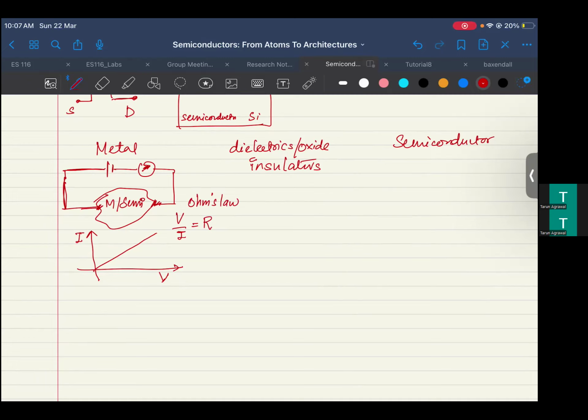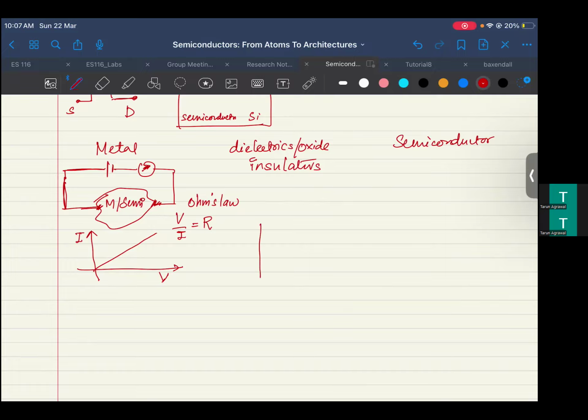Now, if it was a metal, you would likely see this kind of characteristic, which is what Ohm did. But suppose you are not seeing this and you are seeing very low current, would you be able to say that it is a semiconductor? Because that could be an insulator also. So how do you really check?